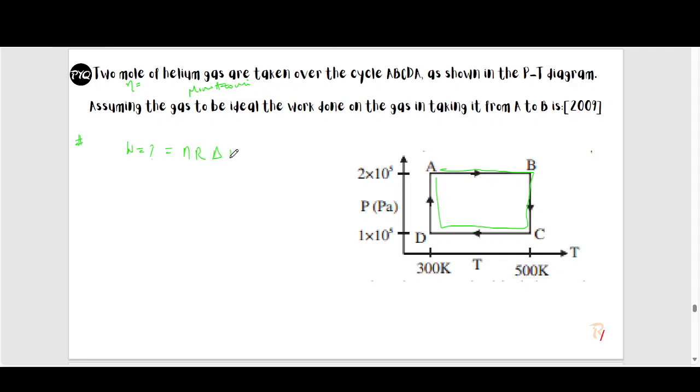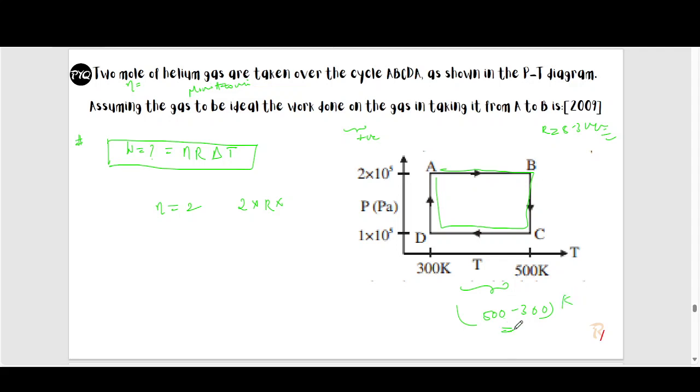We know that work is equal to nR into delta T. Okay, work done on the gas will be positive. n is given, n is 2 into R, equal to 8.314, something we can write as R into delta T. 500 minus 300 kelvins gives us 200 kelvins as the change in temperature, into 200 gives me 400 R. Since this is an isobaric process, V is directly proportional to temperature.